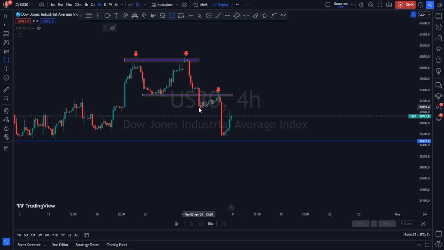Therefore, yes, we are still in a downtrend, so you can still respect this trend and take selling opportunities. But remember, the moment it breaks the strong point, which means we are going all the way up.